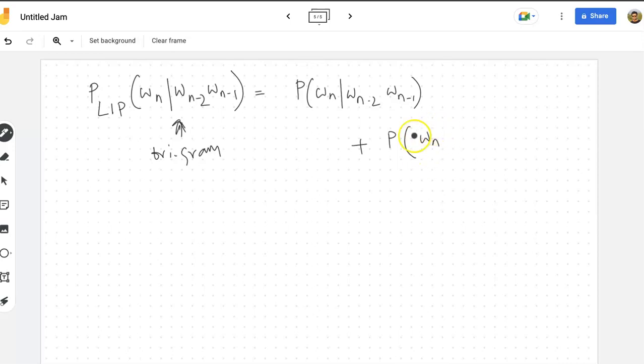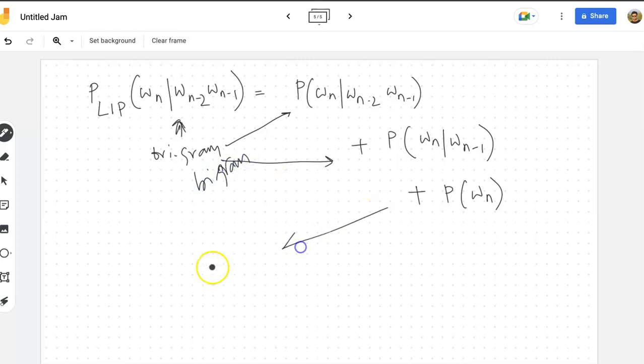What will be the bigram probability? To guess this nth word, you just need to see the previous word. This is the bigram probability, and next is the unigram. For unigram probability, you don't need to see any of the previous words. You just predict from that word only. So this is a count based approach. So this is the trigram, this is the bigram, and this is the unigram.